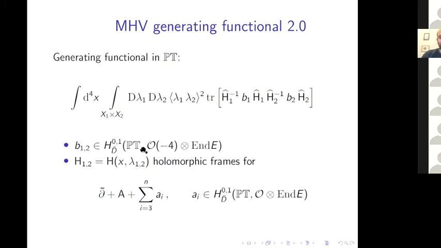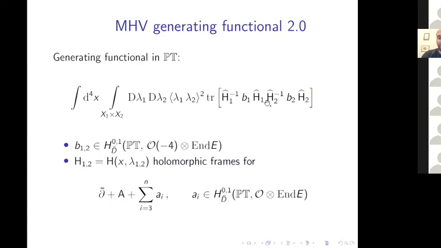You have 2 negative helicity gluon wave functions, and then they're conjugated by these holomorphic frames. And the hats on the holomorphic frames, oh, sorry, there should be hats here, my fault. The hats on the holomorphic frames tell us that these are the holomorphic frames associated to a partial connection that includes the background self-dual radiative gauge field, and then some arbitrary number of positive helicity gluon perturbations to it as well.